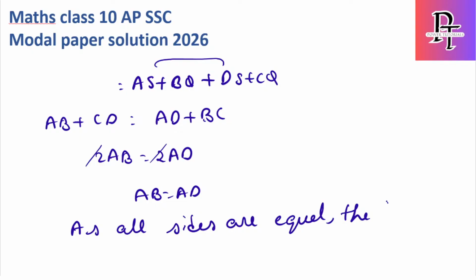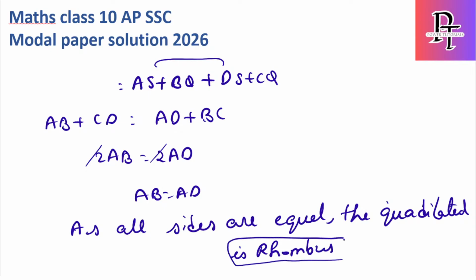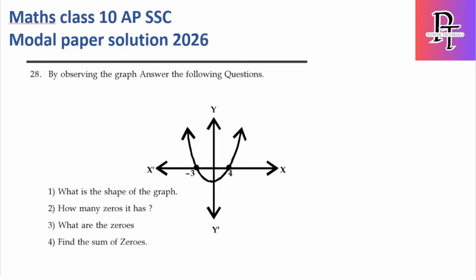So the quadrilateral is a rhombus. This is one of the difficult questions. It's not that difficult, since the same type of question is already there in the NCERT textbook, but with respect to difficulty level, I can say it is a little above the other questions.